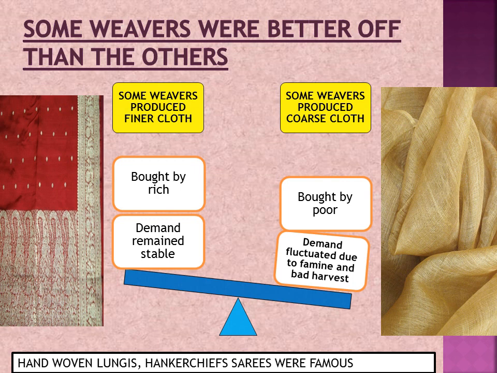But the demand for coarse cloth fluctuated due to famine and bad harvest. Whenever the poor people suffered or they were in times of crisis, then the demand for the poor fabric reduced. Apart from this, hand-woven lungis, handkerchiefs, saris were famous amongst all the sections.